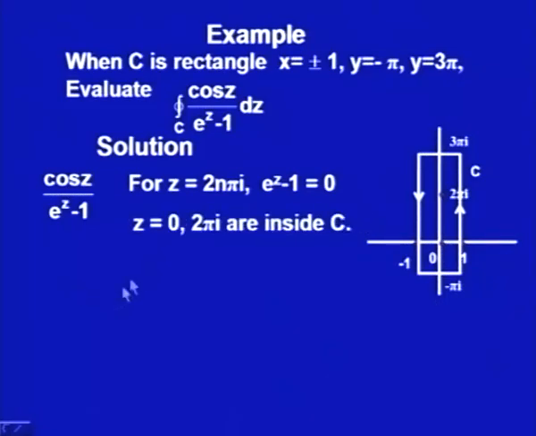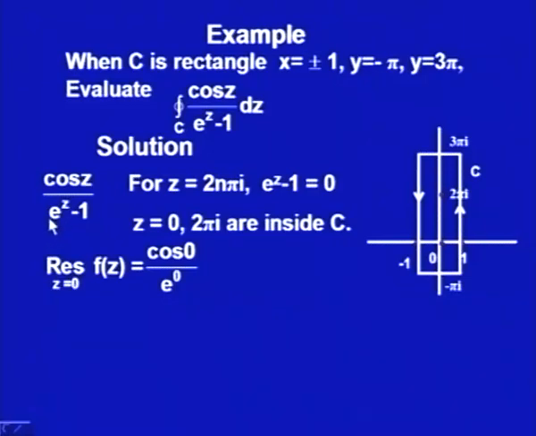We would use the method p z upon q z, where the residue at z is equal to z naught is p z naught upon q dash z naught. What will be q dash z over here? That would be e to the power z.